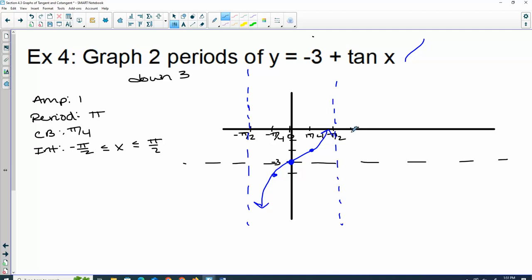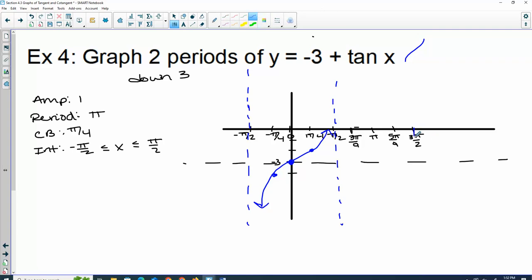Second period, we just need 4 more points. Keep adding your count by. So you're at pi over 2 plus pi over 4, be 3 pi over 4, 4 pi over 4 is pi, 5 pi over 4, 6 pi over 4, or 3 pi over 2.